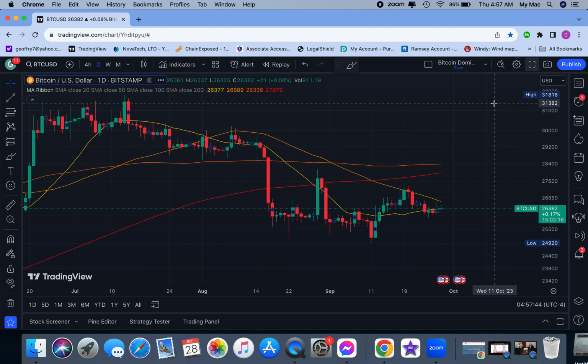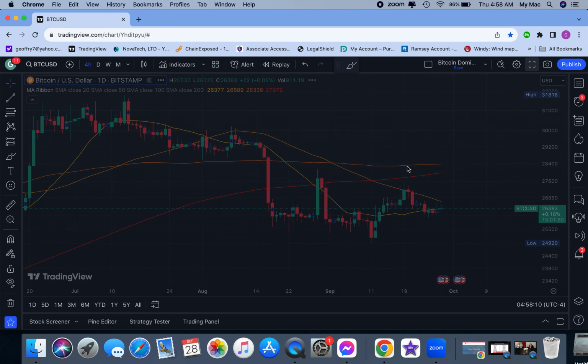And the top on the daily is coming in at 28,336. And the bottom is kind of where we currently are, 377. And we're at 383.